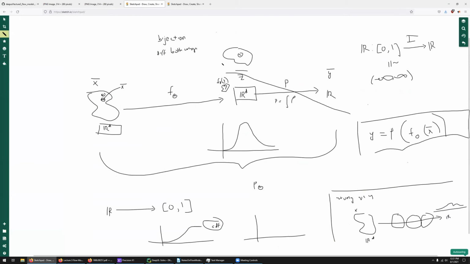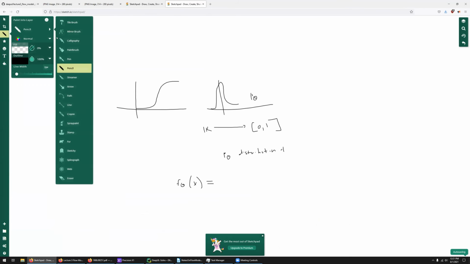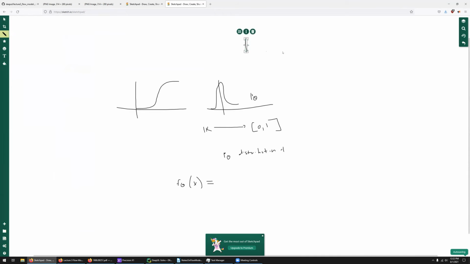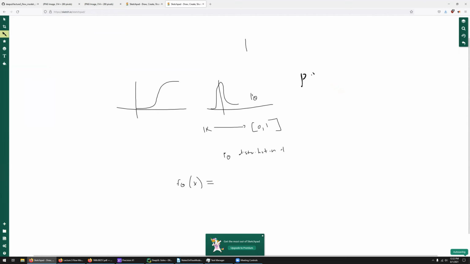P of Z is actually equal to the integral from 0 to Z of something. So you could say it goes from R^D, but then you have small p.